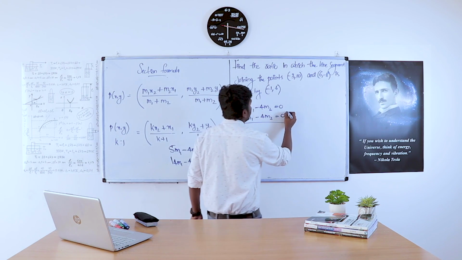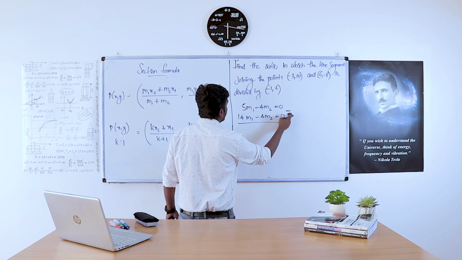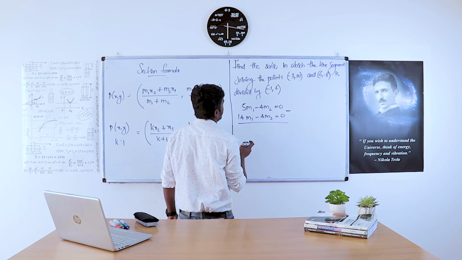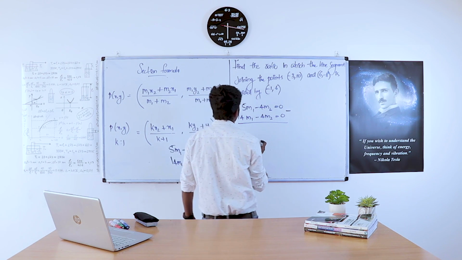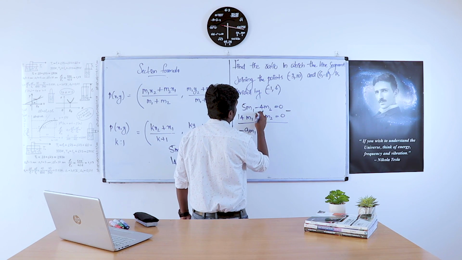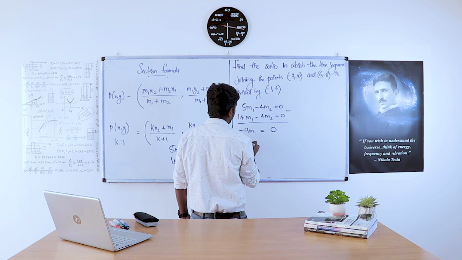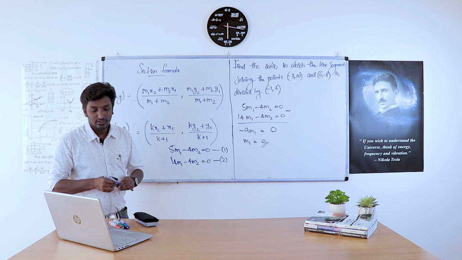So when we subtract the equations, we can cancel m2. 5m1 minus 14m1 is -9m1, equal to 0, as the -4m2 terms cancel each other. So m1 we get as 0.